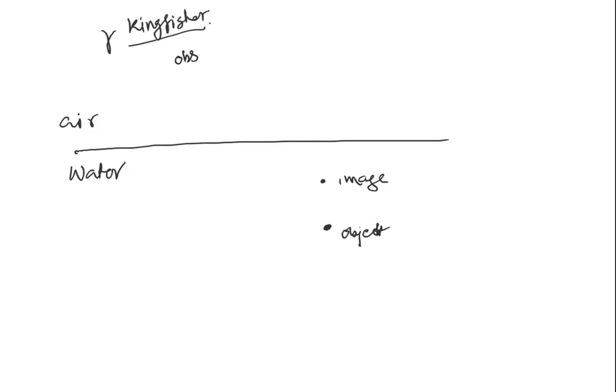Now, what the kingfisher does is that it looks at a fish inside water, then it flies, it dives inside the water, catches the fish, and comes out. All of you have seen this at some point of time in your lives on the TV screen.